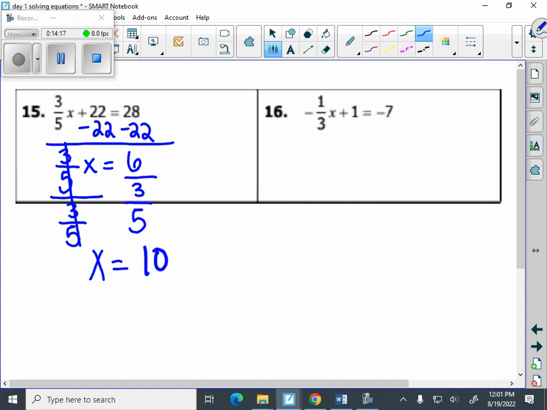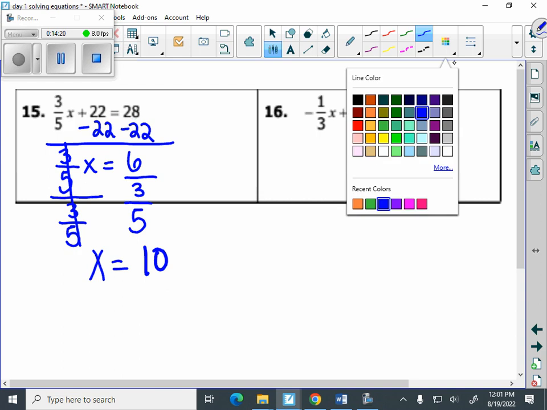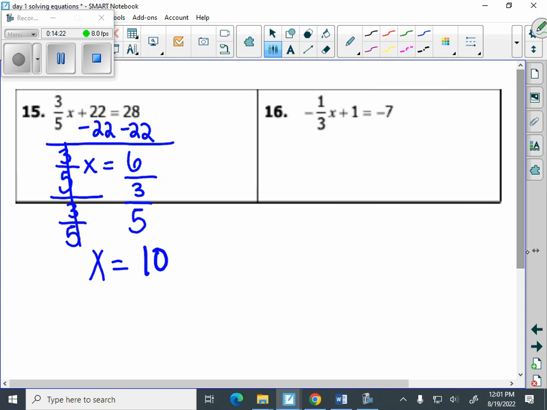Same idea to finish up here. We're going to isolate the variable. Since it's plus 1, we're going to subtract 1. We get negative 1/3 x equals negative 8. And again, because we have Desmos, it's just as easy to type that in.